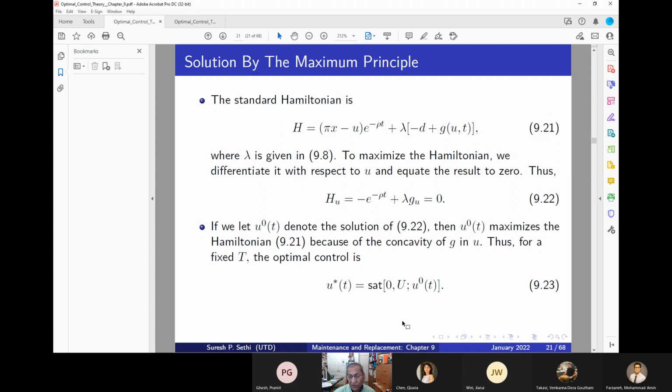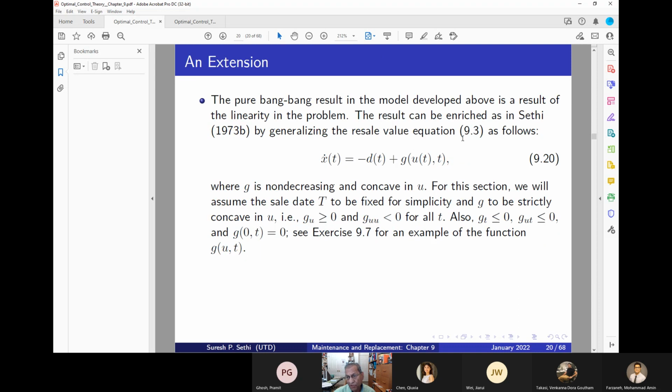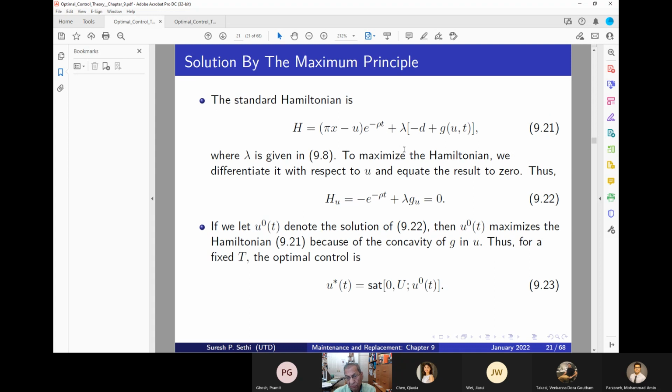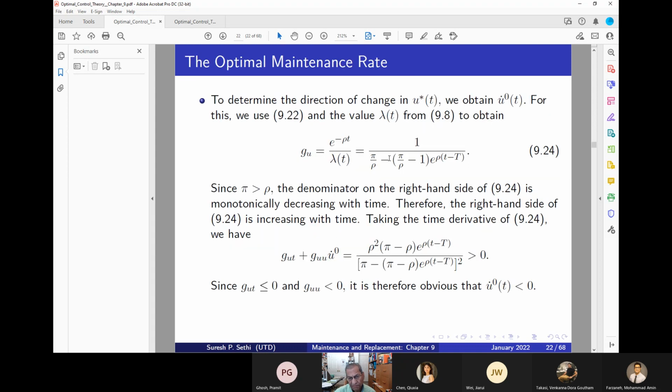You're going to get a SAT function, where the solution of this equation is given by some function over time, u0(t). In this paper that I wrote in 1973, you can do this analysis and a little bit more. With those assumptions, I'll just tell you what one can do.